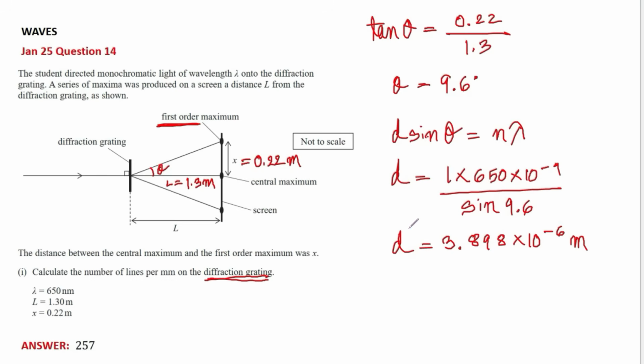So D is always equal to 1 by lines per millimeter or 1 by lines per meter, right? If I want lines per millimeter, D has to be in millimeter, everybody. So let's first find out this D in millimeter. You all know how to convert millimeter to meters, that is divided by 1000, and for meter to millimeter it is multiplied by 1000. So this value times 1000. So same value, just it becomes 10 to the power minus 3: 3.898 times 10 to the power minus 3.